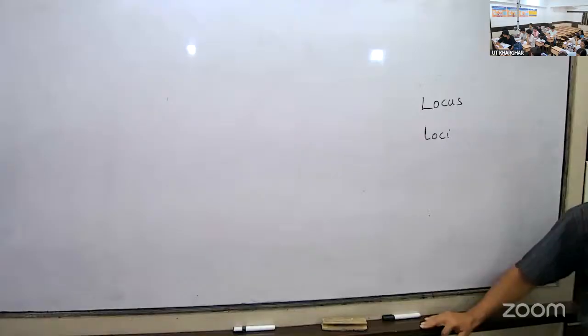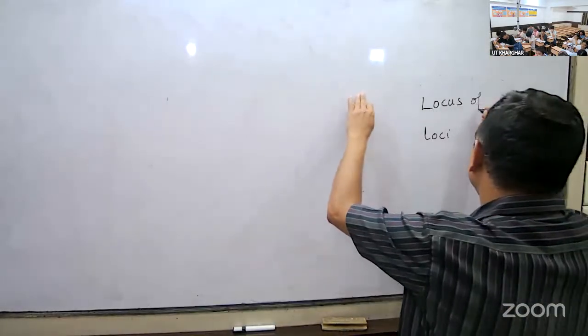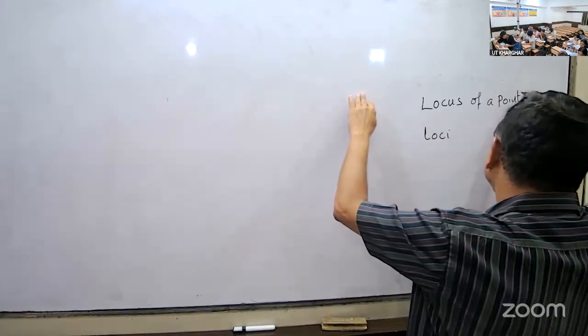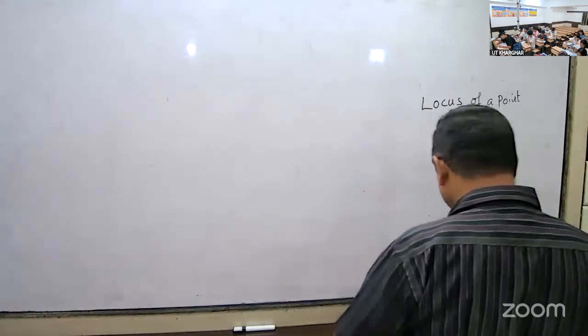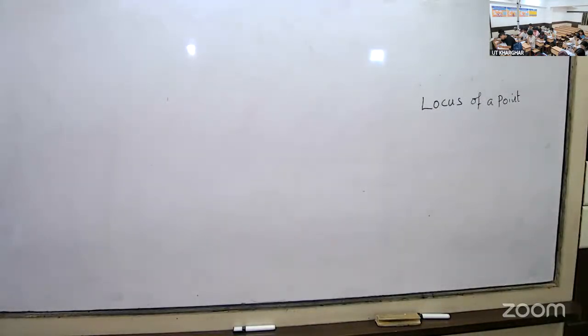Okay. So right. Locus of point means. Write down. Locus of a point or locus of points means it is a collection of points having a common property or more than one property.